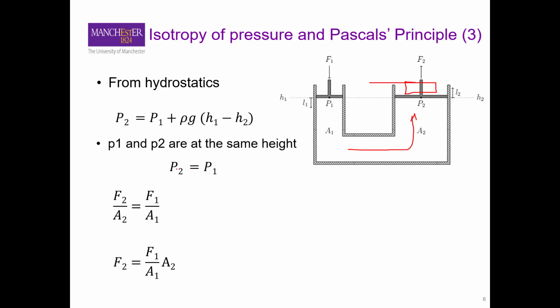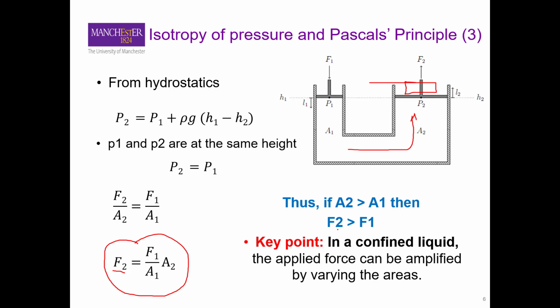And if we express these pressures in the form of force, we can write F2 over A2 should be equal to F1 over A1. And we get an expression for the force F2 that is acting on piston 2. Now, if we make the area A2 much larger than A1, we will see that we get a similar effect in force. So it means that if A2 is larger than A1, then we have F2 larger than F1.